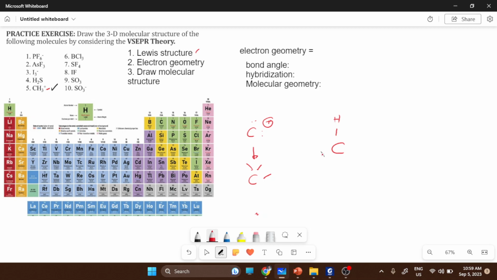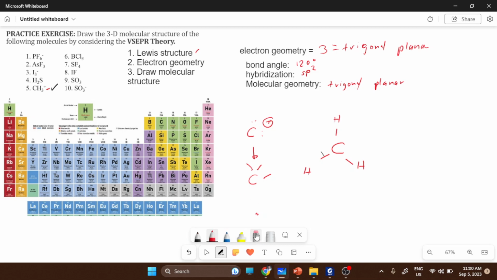Trigonal planar. Okay? So, bakit kaya ganon? Kasi ang electron geometry niya ay 3. So, trigonal planar. Sorry for that. Bond angle is 120 degrees. Hybridization is sp2. And molecular geometry is trigonal planar pa rin, kasi wala tayong lone pairs. Okay? So that's it for the CH3.